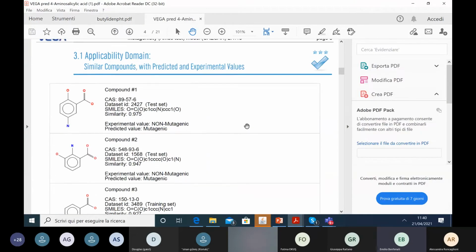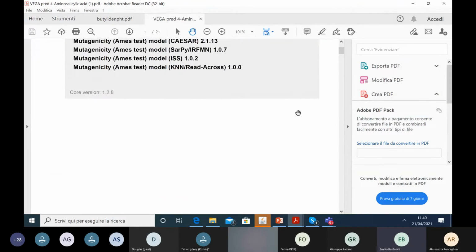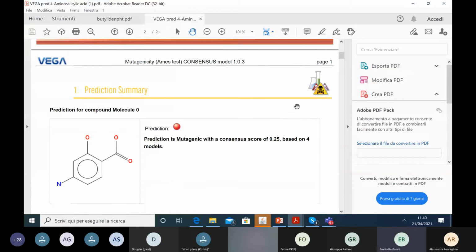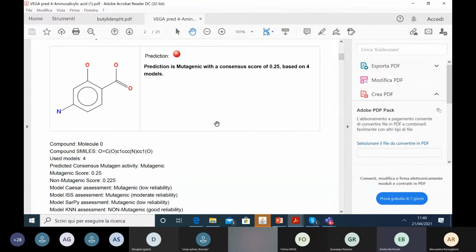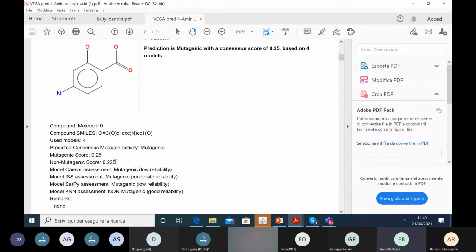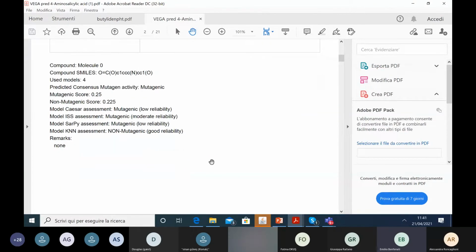I have another example here, which refers to this substance. This is the opposite, indicated mutagenic, consensus 0.25, but non-mutagenic 0.22, and here there are 3 models indicating mutagenicity, 1 indicating non-mutagenicity.